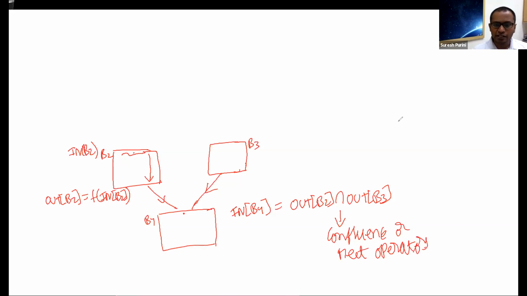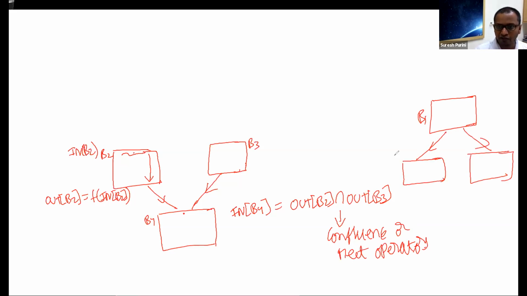Whereas in the case of the live variable analysis problem, the confluence operator is a union operator and the structure is also different. If we have a basic block such as this B1, we say that a variable is live at the end of this basic block if it is live at the beginning of this successor block or if it is live at the beginning of that other successor block.